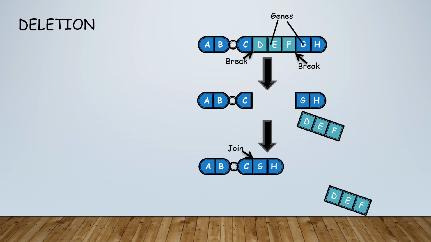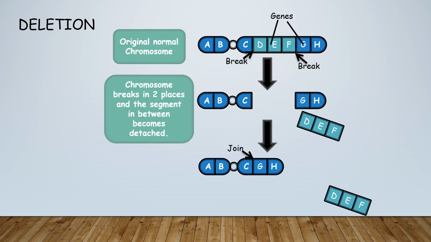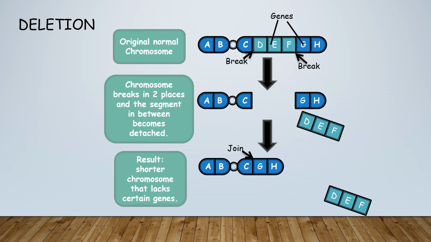Deletion, as it sounds: we've got the original chromosome that includes DEF. We get breaks around them, they become detached. Our cell does its best to solve the problem. It joins it back together, but unfortunately it doesn't add back DEF. So we end up with a shorter chromosome that's lacking those DEF genes, and obviously not able to express the proteins coded for by those three genes.